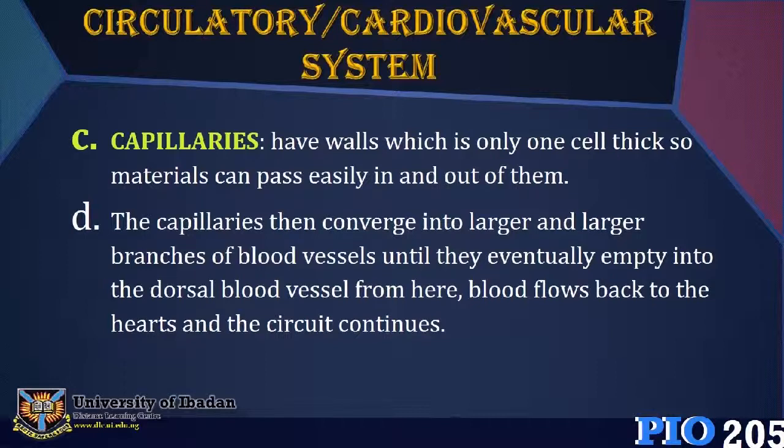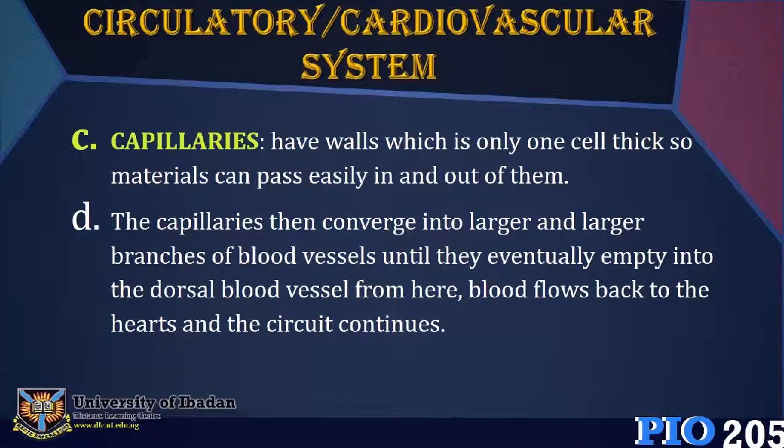Capillaries have walls which are only 1 cell thick, so material can pass easily in and out of them. Blood picks up digested food molecules from within the capillaries in the intestine and picks up oxygen from within capillaries in the skin.